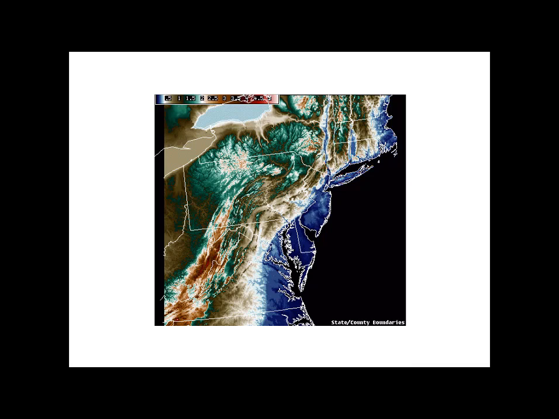So the low-level wind direction is pretty important as well. Also, another thing to consider is flow down these river valleys here, the Hudson and Connecticut river valleys, where if you have a pretty cold air mass in place there, you can actually get some very cold air draining down these river valleys towards their region here.